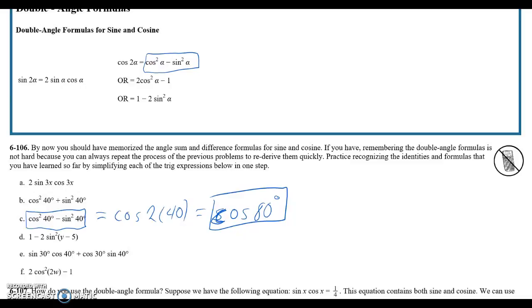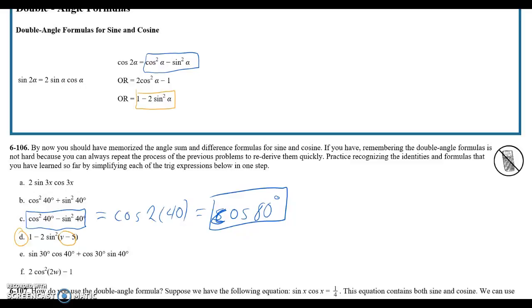Okay, D. What matches problem D? Okay, well, I've seen 1 minus 2 sine squared. Okay, here we go. 1 minus 2 sine squared. That matches right there. 1 minus 2 sine squared of alpha. So what is alpha? Here's our alpha.